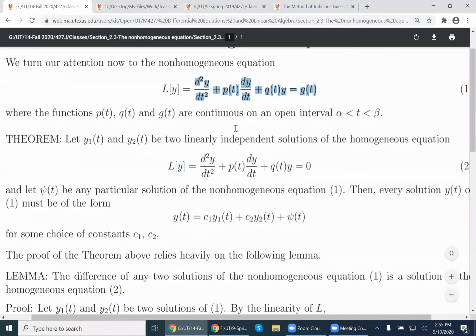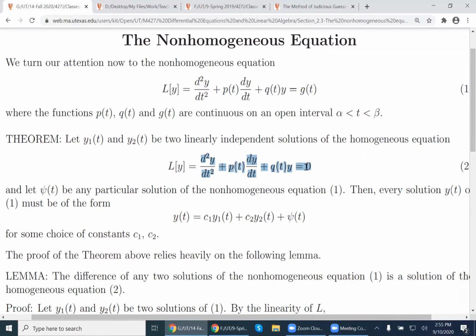Now, if P of t and Q of t are constants, we know how to find the general solution of the corresponding homogeneous. This is the previous section, this section that we just discussed.